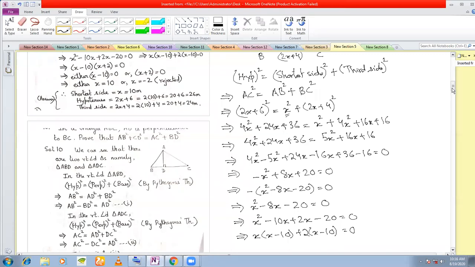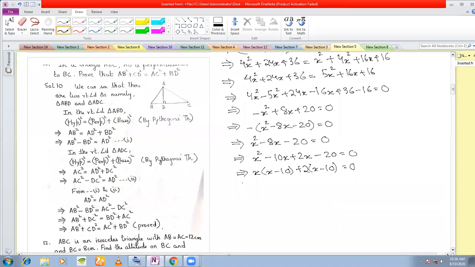So the factors that you are getting are x minus 10 and x plus 2. So that means either x minus 10 is equal to 0 or x plus 2 is equal to 0.